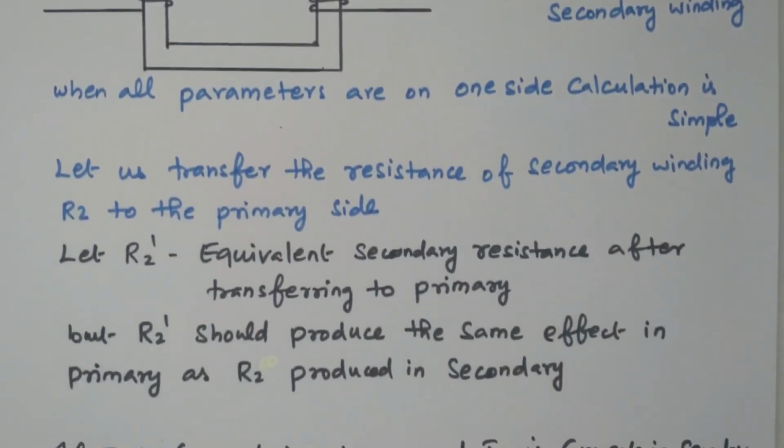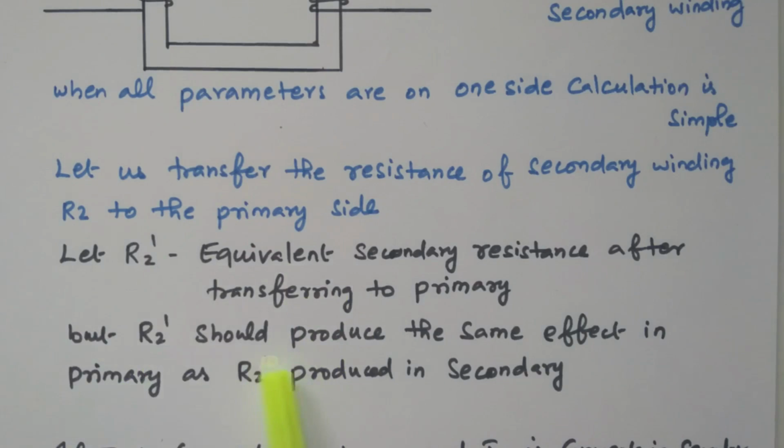R2 dash is the equivalent secondary resistance after transferring to primary. R2 is the resistor available in the secondary winding, while transferring into primary it becomes R2 dash. So R2 dash is nothing but the equivalent secondary resistance referred to the primary.